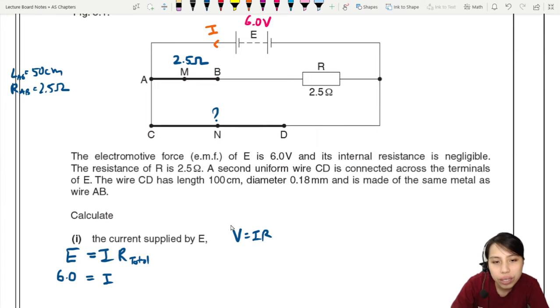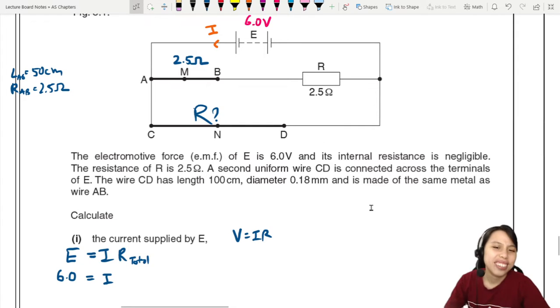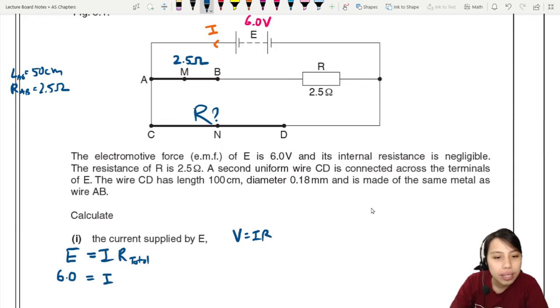But what is this resistance? How do we find it? They didn't really give us information on resistance, but they did give some: the length is 2 times and the diameter is this. If we think back to our earlier R equals rho L over A, we can actually do a ratio. For this new wire, what is constant?